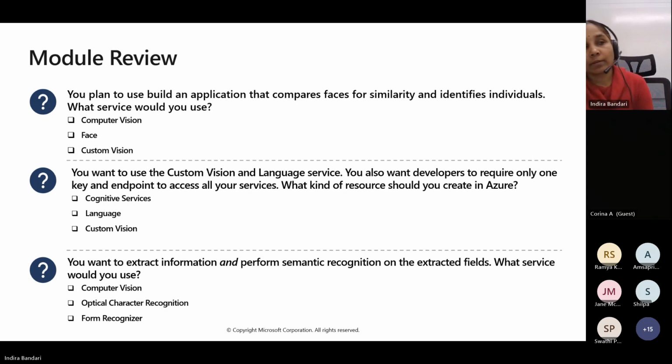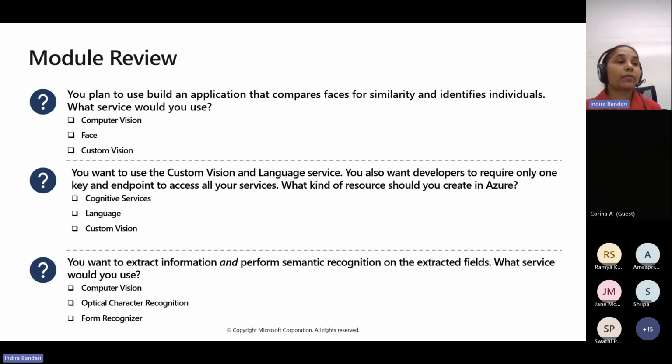Think. Shilpa, think. Any other answers? I'm not going to give the answer. Is it custom vision, language, cognitive services? Okay, yeah. I think cognitive services is the right answer.